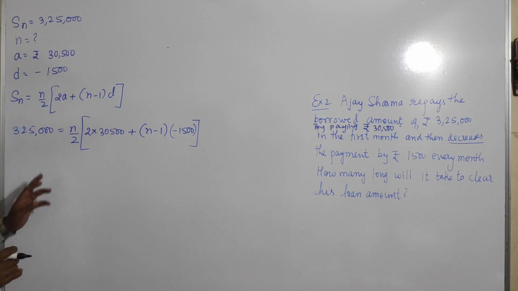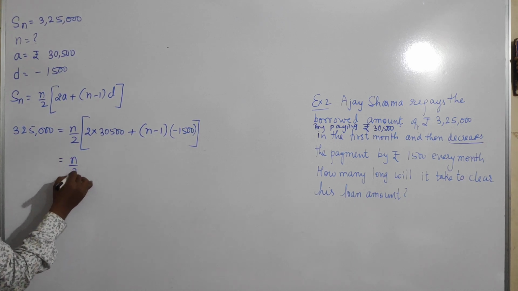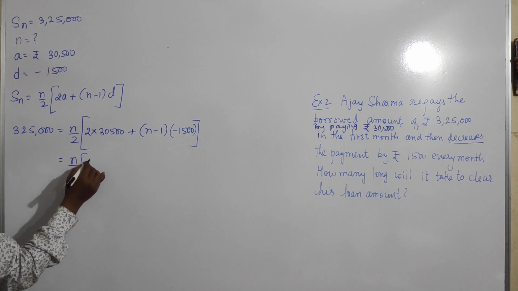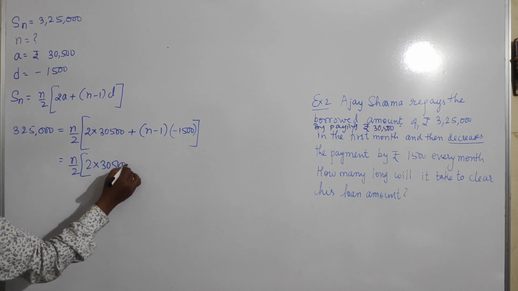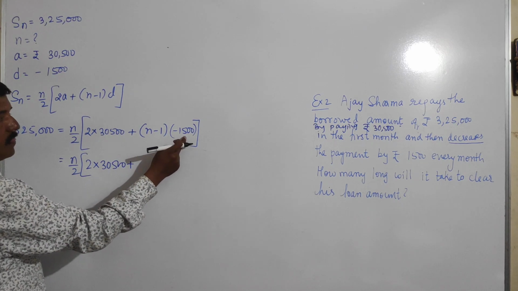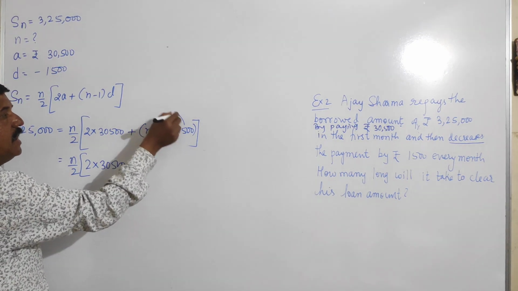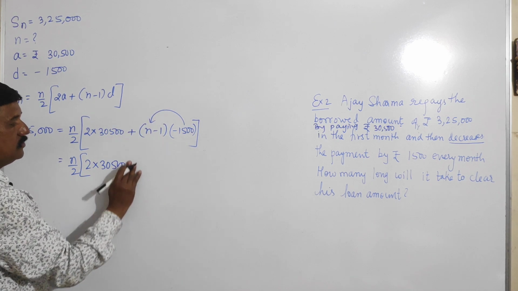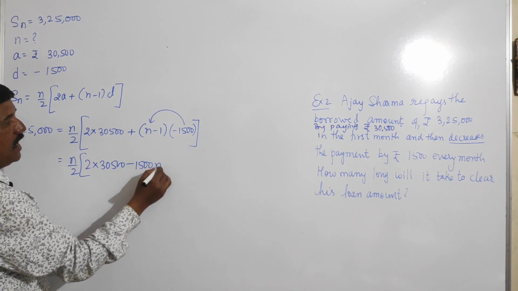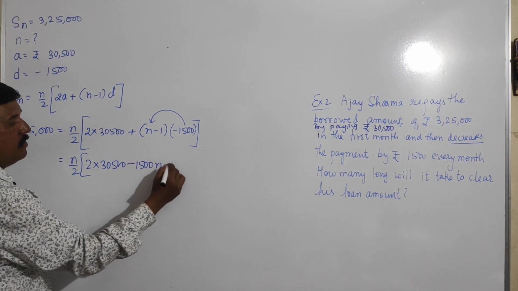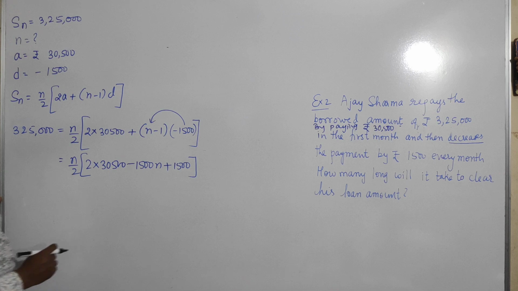So multiply by N upon 2. 2 into 30,500 plus (N minus 1) multiplied by minus 1,500. Multiply this N by minus 1,500, what will be the value here? Minus 1,500 N, minus 2 times minus, plus 1,500. Understood?